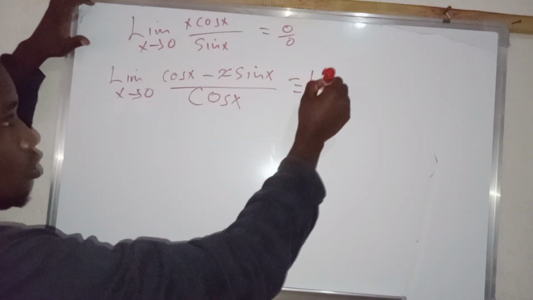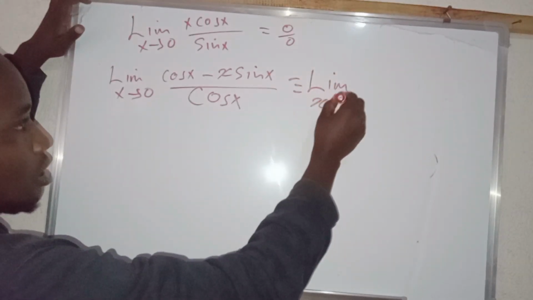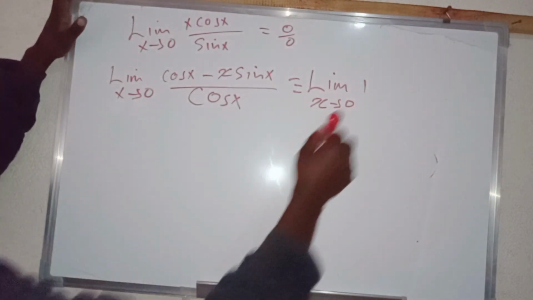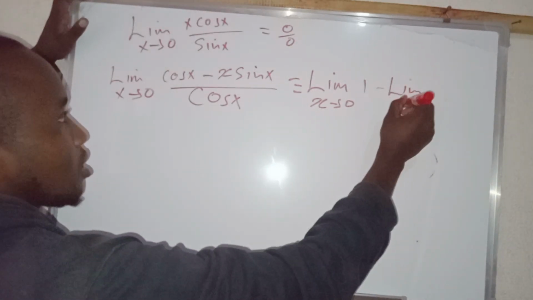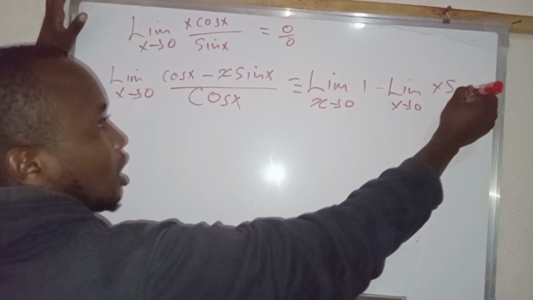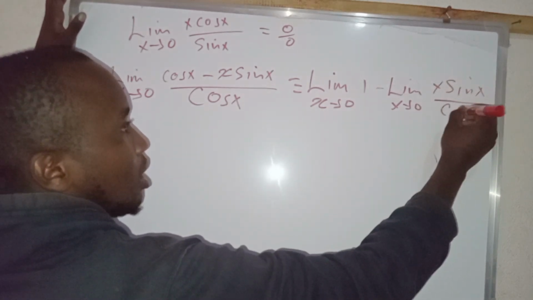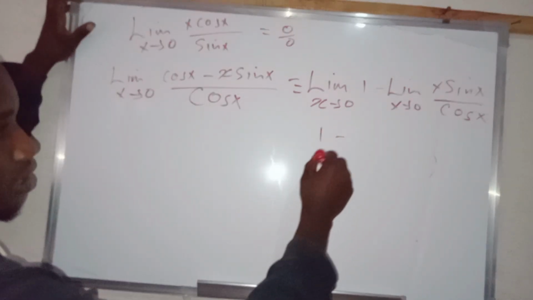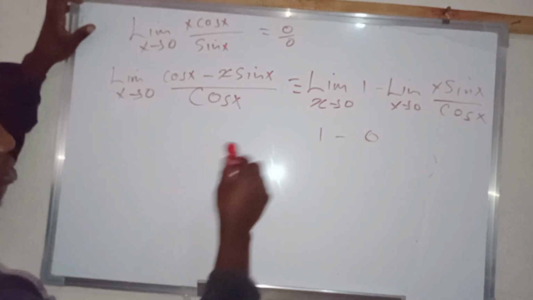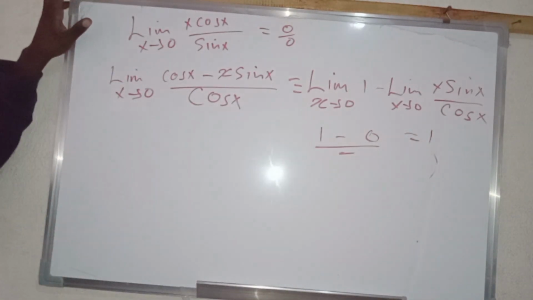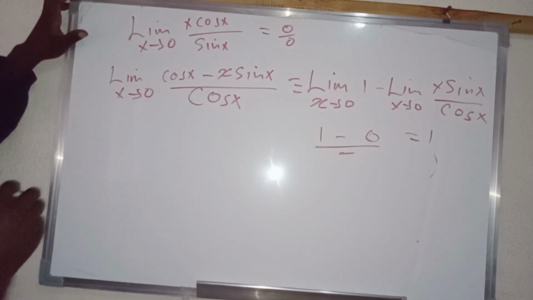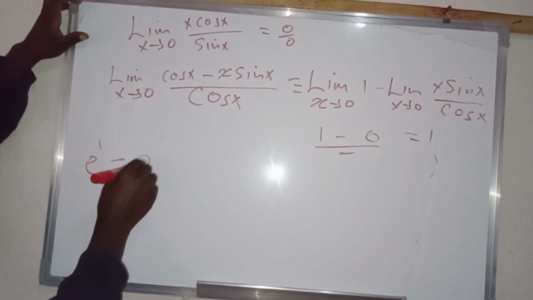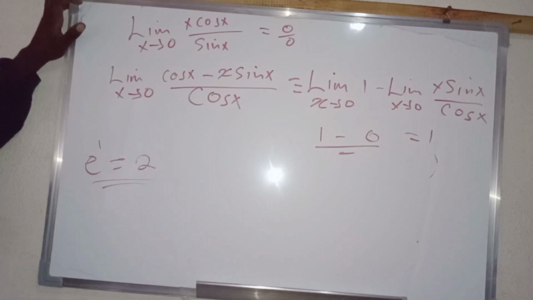Which is equivalent to, separating, the limit as x approaches 0 of cos x divided by cos x, which is 1, minus the limit as x approaches 0 of x sin x divided by cos x. Directly, this is 1 minus 0, so your answer is 1. But we left that exponential, e raised to the power 1, which is equivalent to e. That is your required solution.